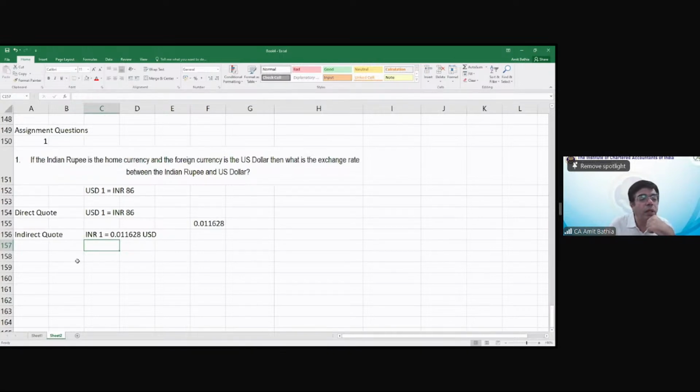So the indirect quote is INR 1 is equal to 0.011628 USD. Got it, everyone? Very simple, very basic question. This is something which you already completed. Now we go to question number 2.